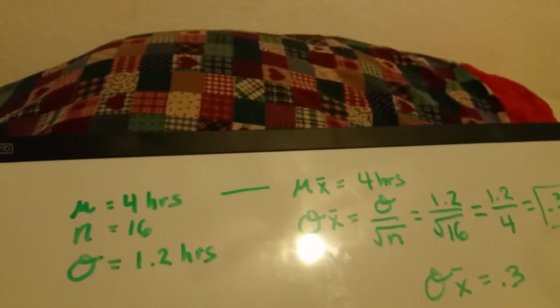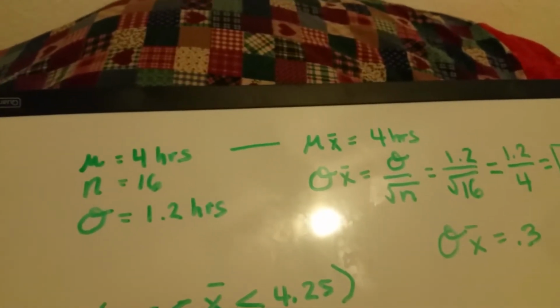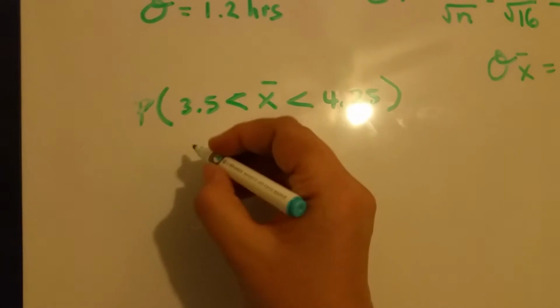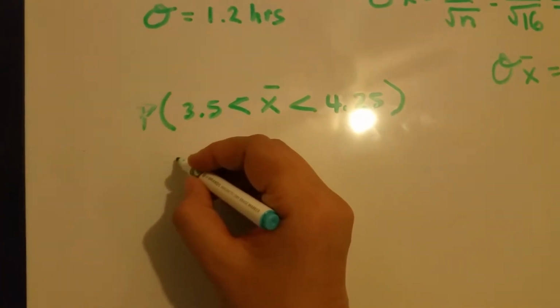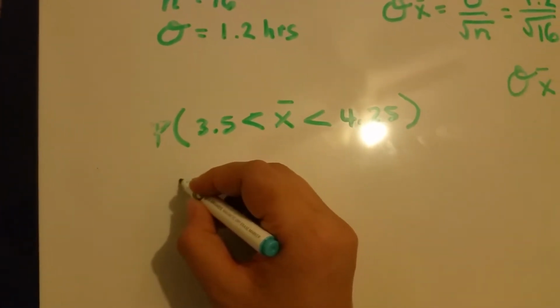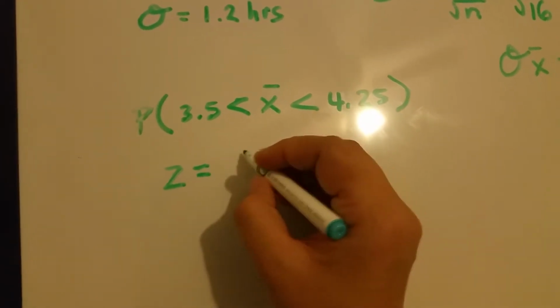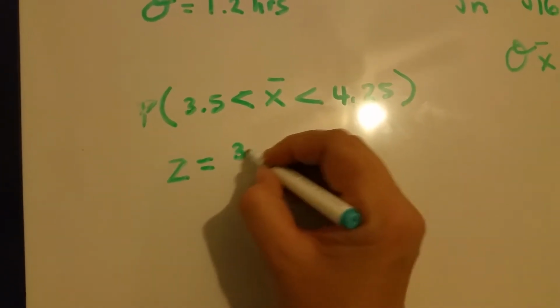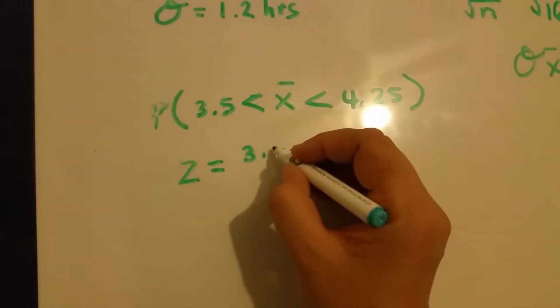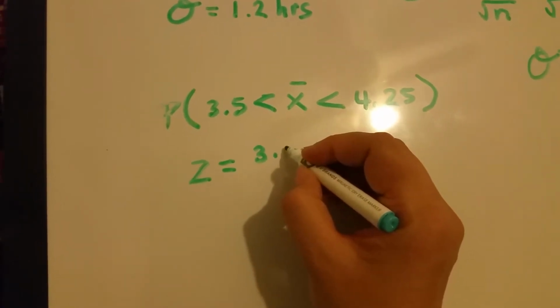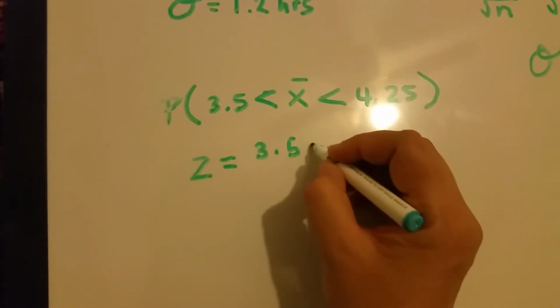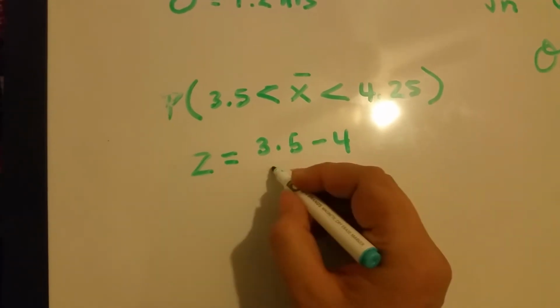Okay, so looking at how we got this. We're going to take the first part. z equals 3.5 minus 4.